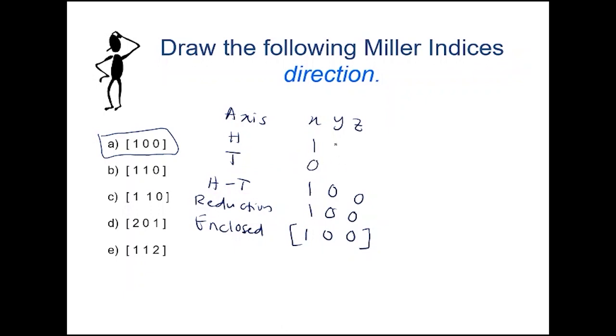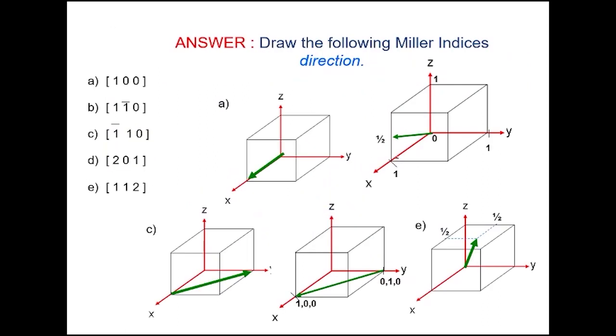Y is 0, so the head and tail are 0, and then Z is 0, 0. So the coordinates that we will get are like this.